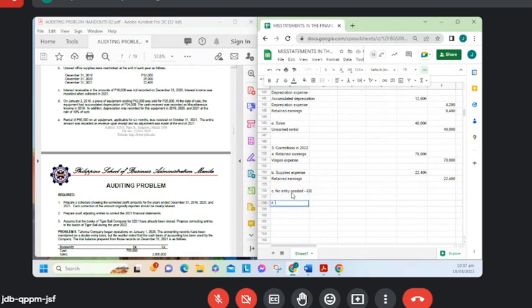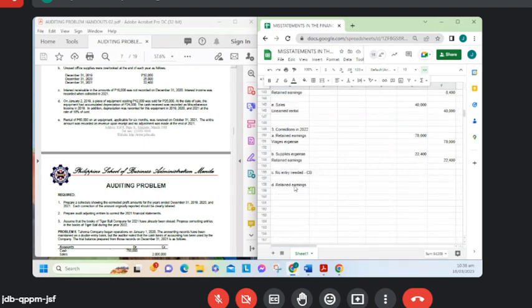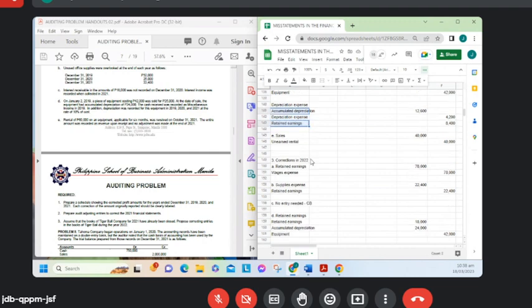Letter D. For letter D, we'll have an entry to adjust the retained earnings. So it's the same as before: retained earnings, accumulated depreciation, gain on sale, the same. For the depreciation, only these two.